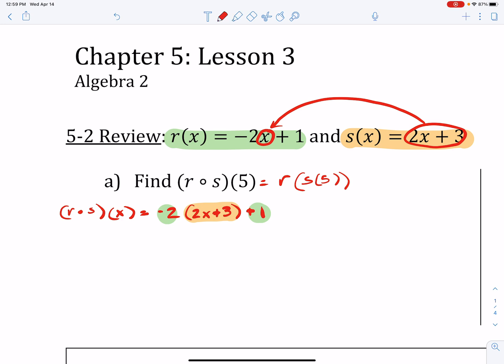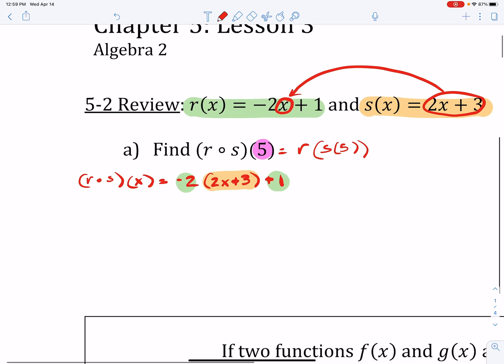Once we have that, then what we can do is plug in what our x value represents. So let's make that pink. Here we'll have R composed of S, and instead of x, it's a positive 5. So we'll have -2 times (2 times 5 plus 3) plus 1.